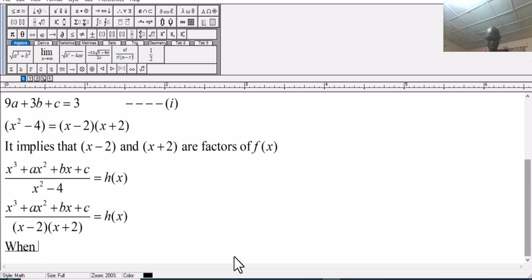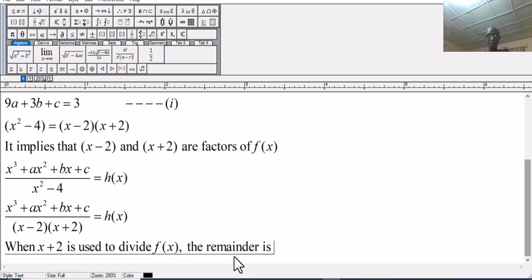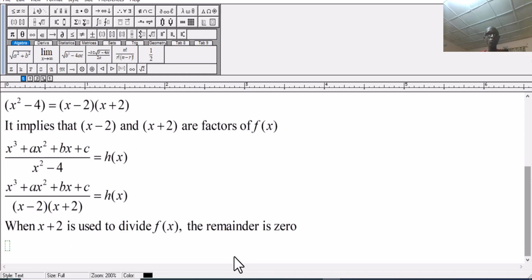So when x plus 2 is used to divide f of x, the remainder is 0. So we have f of minus 2, because we are using x plus 2 to divide.